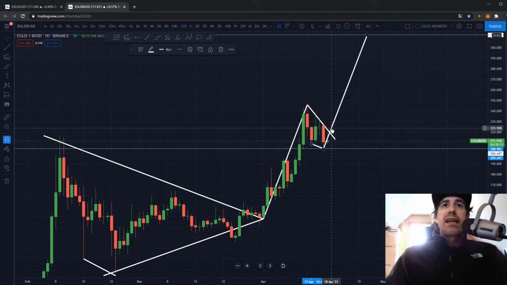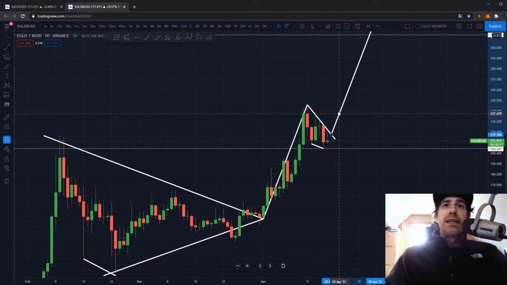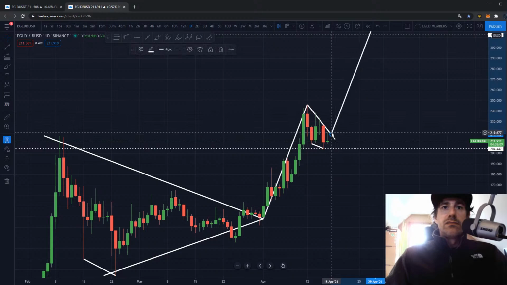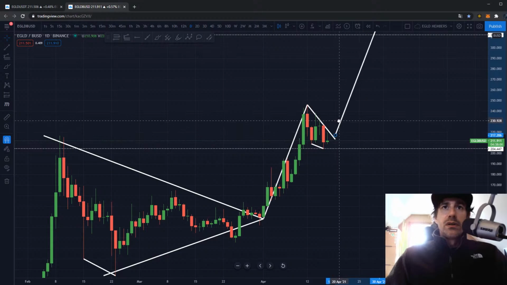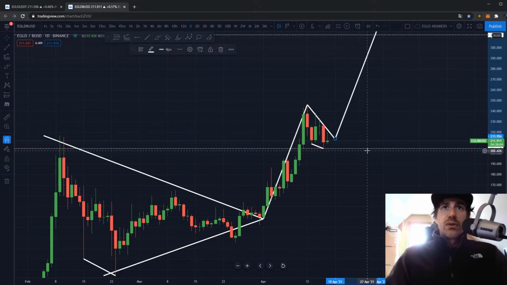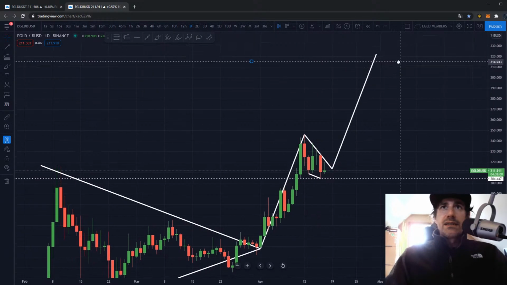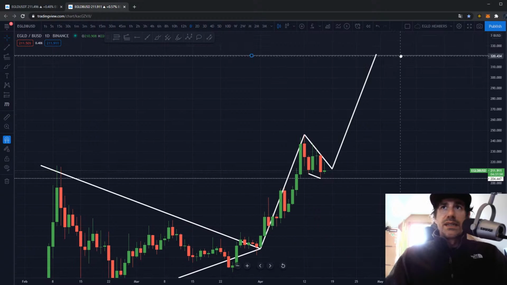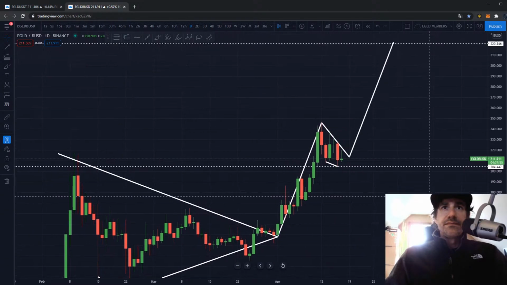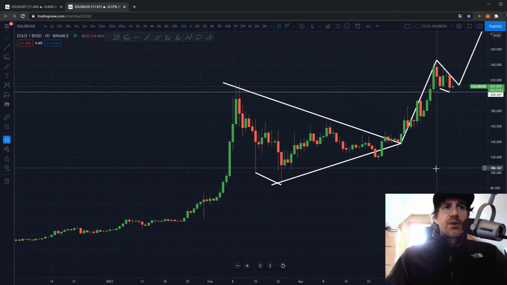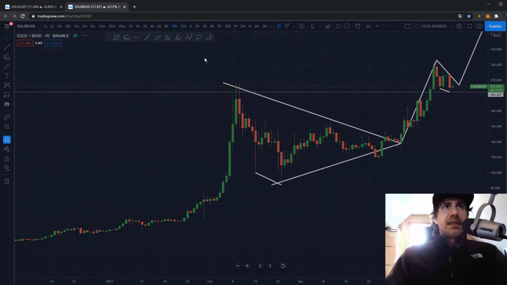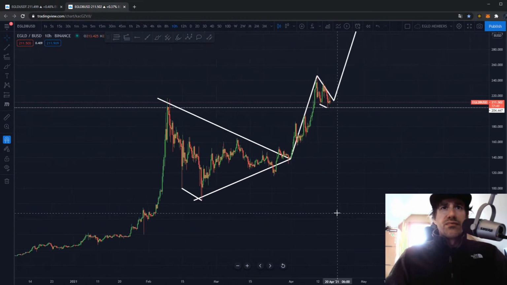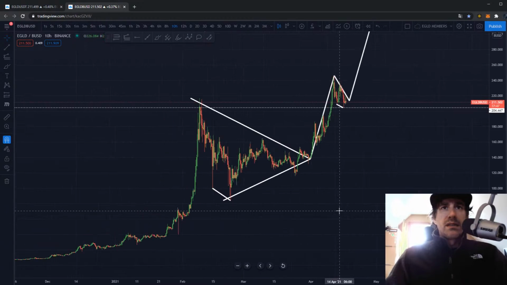If this bull flag is breaking out right there, the 18th of April, the 19th of April will be here probably. Okay, the real target will be around 320, something like this. Okay, I'm pretty sure you are understanding all this pretty well.